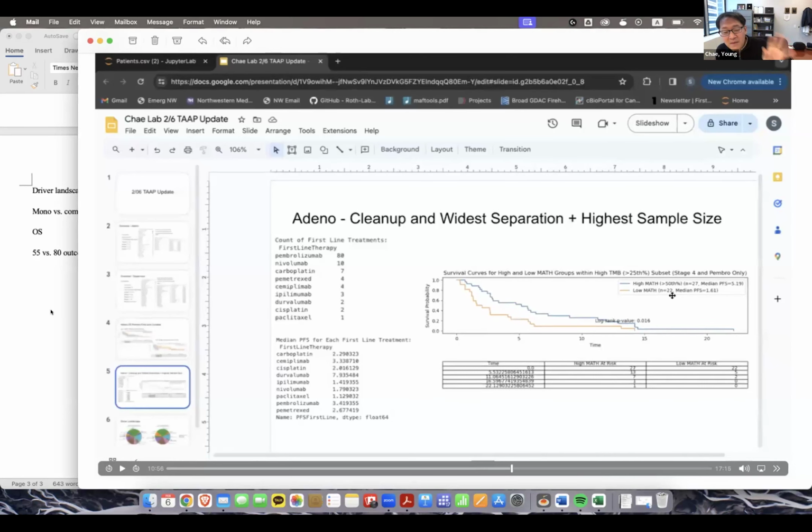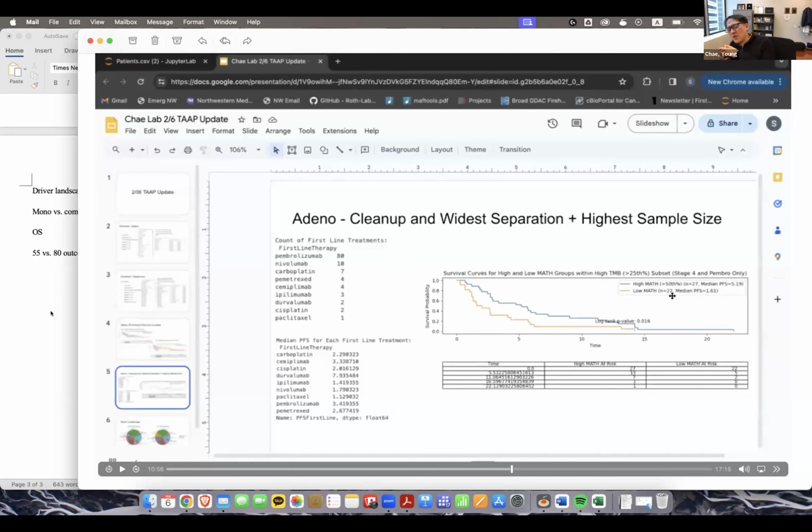And it might be related to the mutational landscape, maybe. So at the pure description level, using different TMB cutoffs and different math cutoffs, we're seeing different relationships. And the two groups are different in mutational landscape.